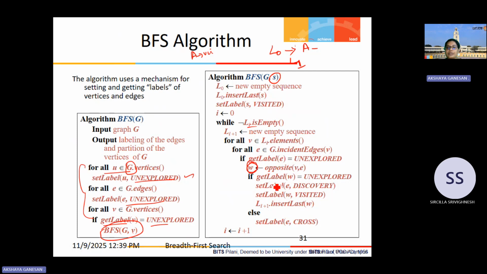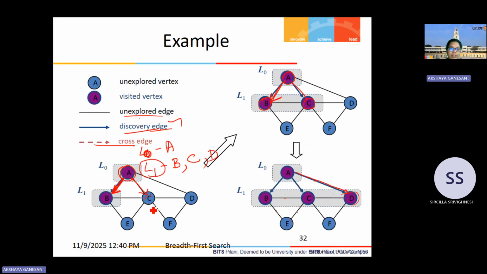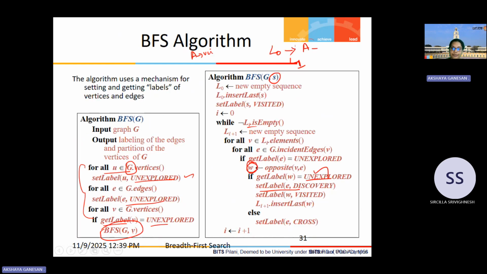Okay. And you see whether that node is explored or unexplored. If it is unexplored, you set that edge as a discovery edge. So in this case, B is an unexplored node. So you set this edge as a discovery edge. Okay, you label that as a discovery edge.